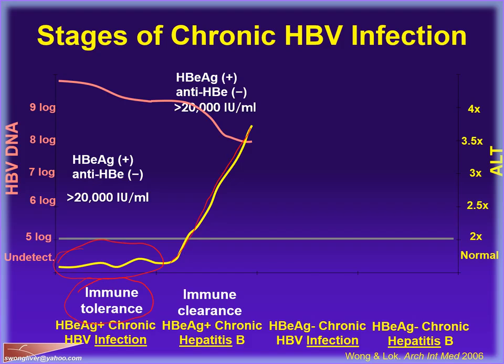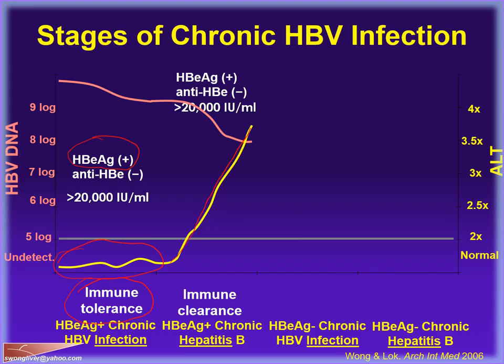Basically, the reason for that is that in patients with HBe antigen positive status, the virus is usually replicating very rapidly, while in patients with HBe antigen negative status, the virus is not as robust in terms of replication. I'm saying usually because in some cases you can also have very high viral replication in patients with HBe antigen negative status.